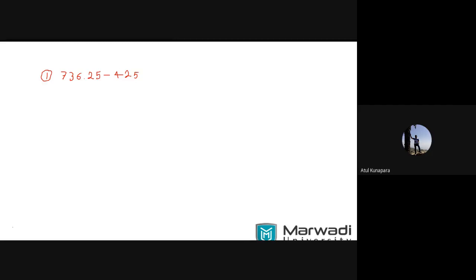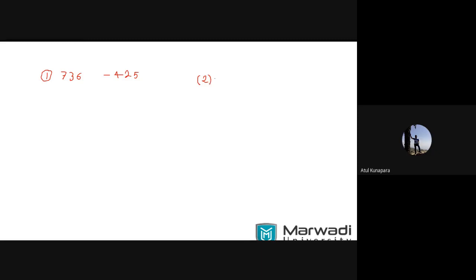Okay, to make it simpler, let me just remove the decimal points here, so that it will be easy for you. Let's do 736 minus 425 first on this side, and take one more example.